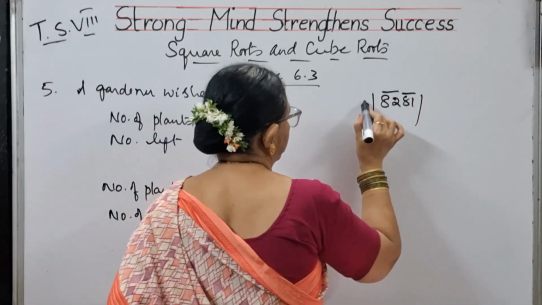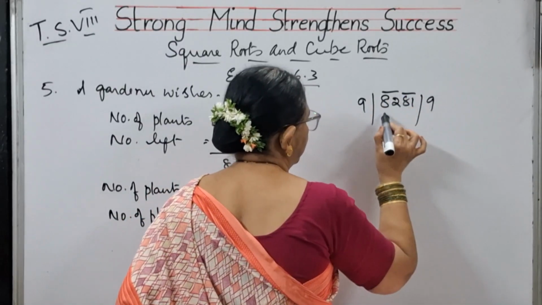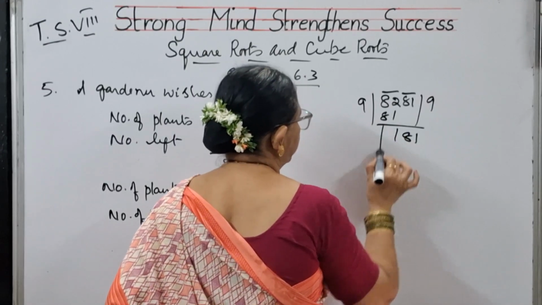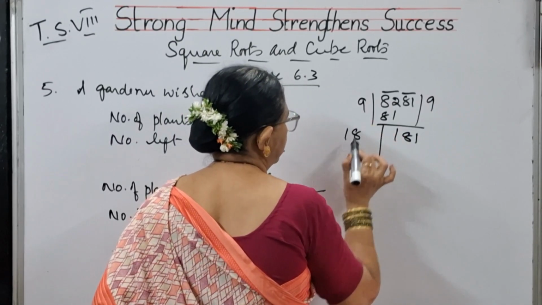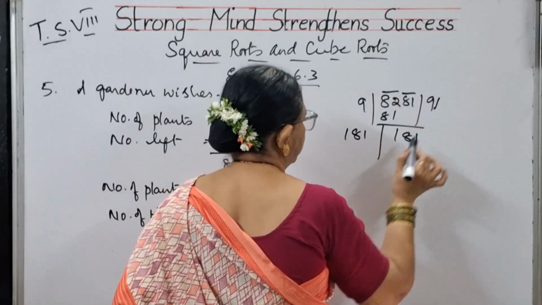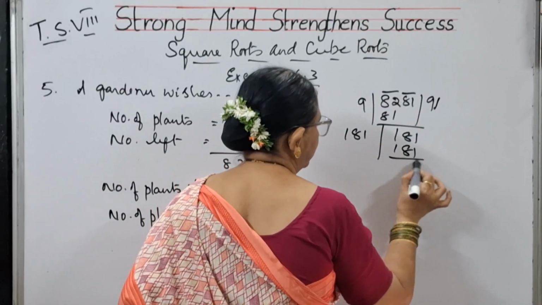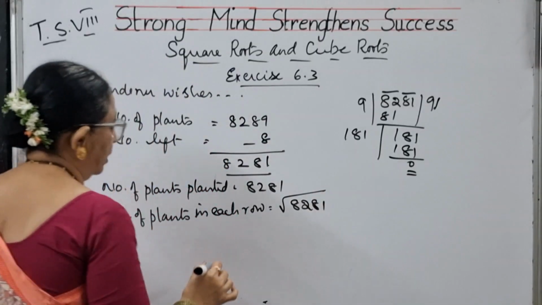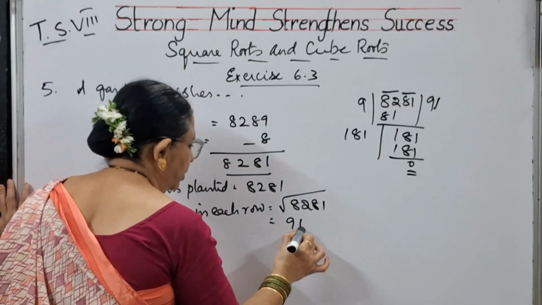If you take 9, 9 nines are 81. So 181 you will be getting. 9 twos are 18. Then definitely it is 1. If you take 181 you will be getting 0. So its value is 91.